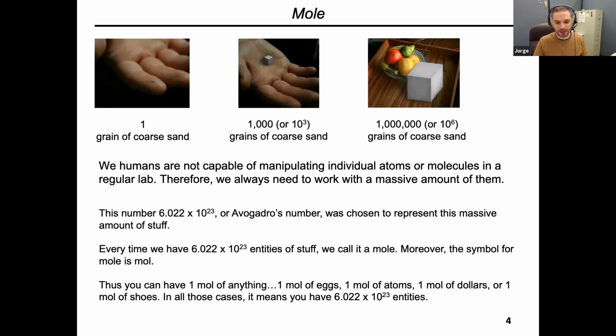In all those cases, it means you have 6.022 times 10 to the 23rd entities. I want you to see the relationship between Avogadro's number and mole as a simple conversion factor, and we know how to deal with conversion factors.